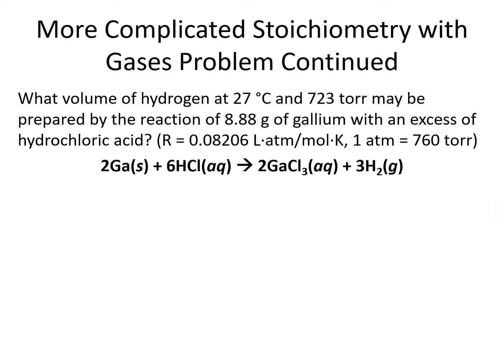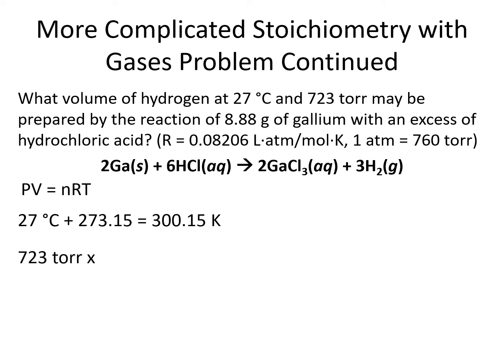Here's the new part of this. We're going to use the ideal gas law to solve for volume. We need our units to all match up. The temperature is given to us as 27 degrees Celsius, so we add 273.15 and get 300.15 Kelvin. The pressure is given to us as 723 torr, but it needs to be in atmospheres to match our R value.